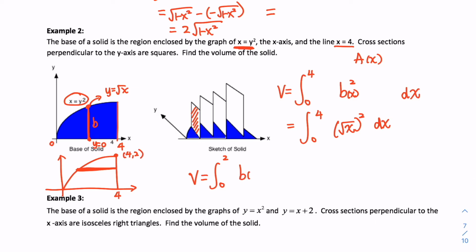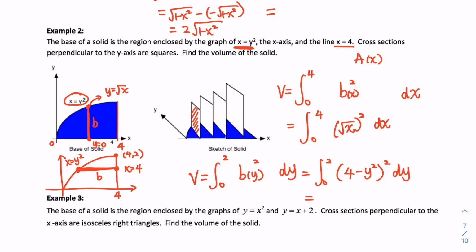So b of y squared dy. In this case, this is our b. This is x equals 4. This is x equals y squared. So the distance between these two points will be, from 0 to 2, 4 minus y squared, squared, dy.